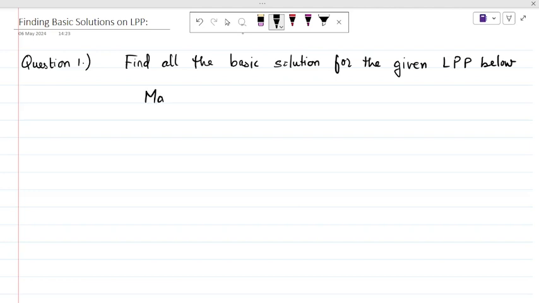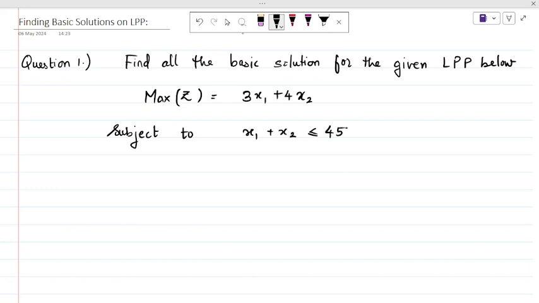So the question is, maximize Z, which is 3x1 plus 4x2, subject to x1 plus x2 is less than or equal to 450, then 2x1 plus x2 is less than or equal to 600, and x1, x2 are greater than or equal to 0.